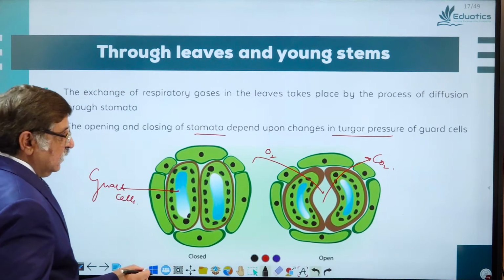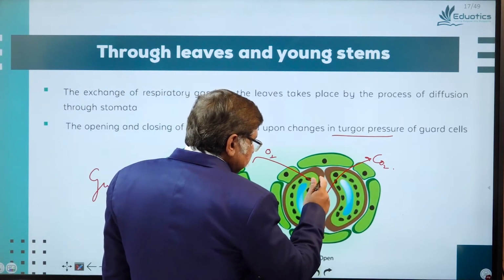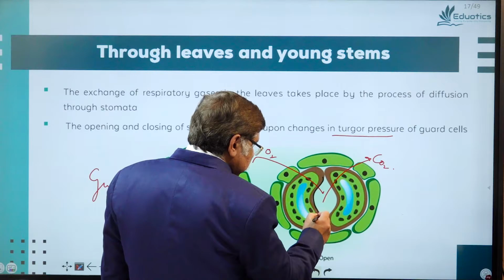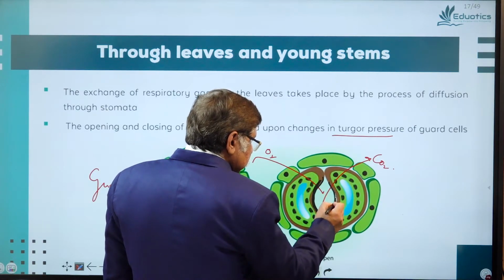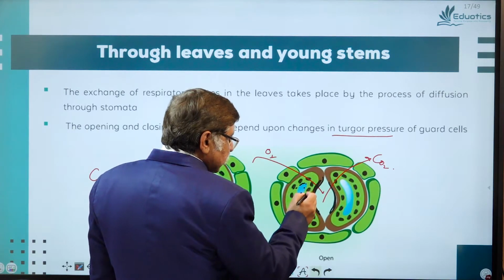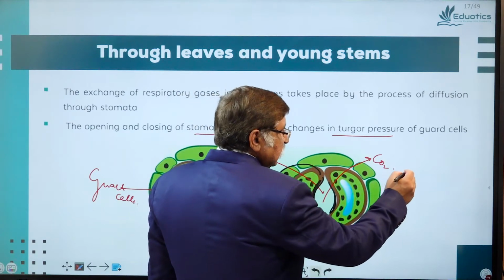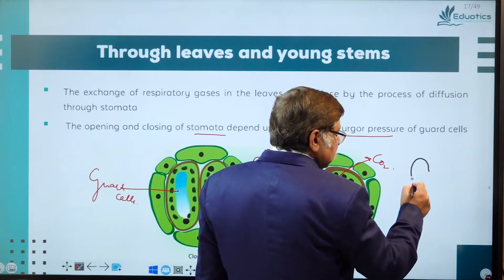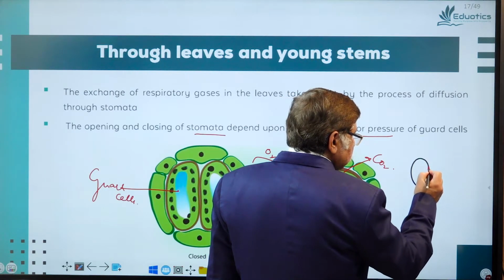Now let me tell you a little bit that the inner lining of the stomata, the cell wall, is highly thickened. So when the turgor pressure, that is the pressure inside the cell, increases, they outwardly expand. Let's say the stomata were like this. This portion is highly thickened.